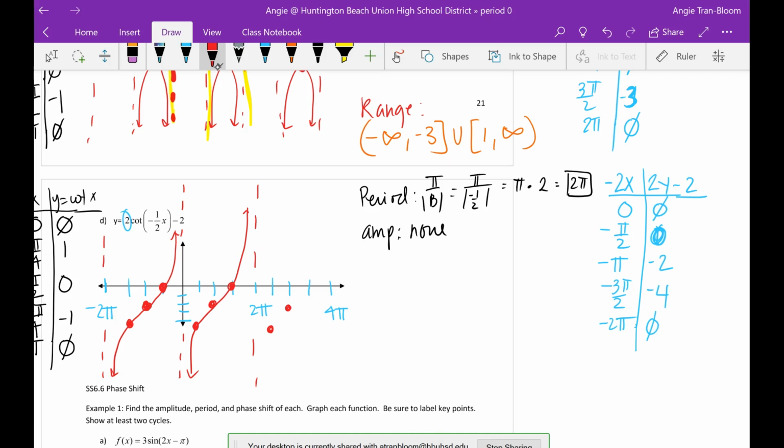Very good. At 7 pi over 2, Mahina, what do you want me to do? Last one at 4 pi, Carissa, what do you want me to do? Okay, here we go. There you go. 3 beautiful full cycles. Let's do domain and range, and then I will take your homework questions.